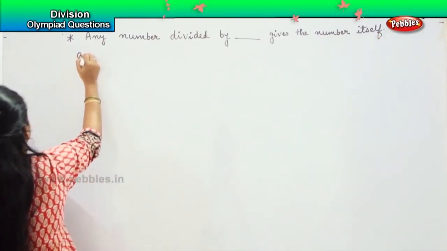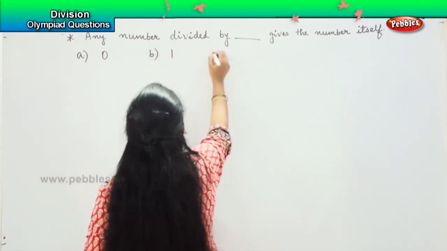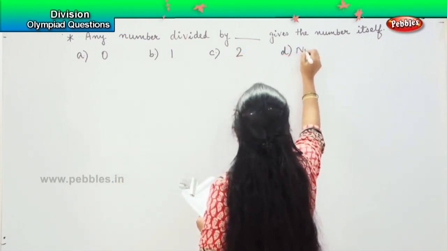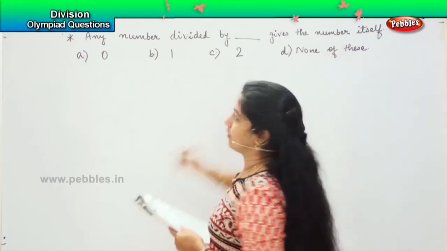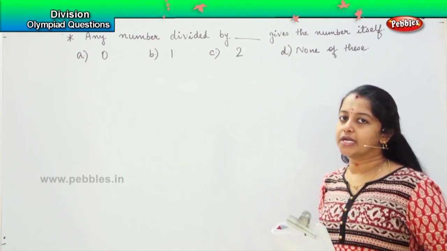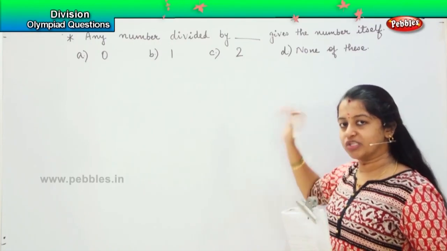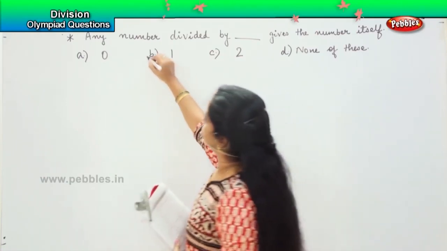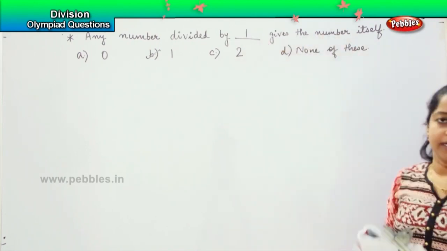And your options are A, 0; B, 1; C, 2; D, none of these. So, any number divided by dash gives the number itself. Remember the properties which we studied? If you have your dividend and the quotient the same, what is the number by which we have to divide? Good, it is 1. So any number divided by 1 gives the number itself.